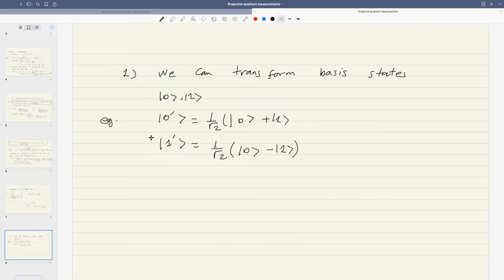And we can check that, so here the property was that we had the inner product of 0 with 0 was equal to 1, and 1 with 1 was equal to 1, right? One way to think about that was that the representation of 0 in the 0 basis is just (1, 0). The representation of 1 is just (0, 1).